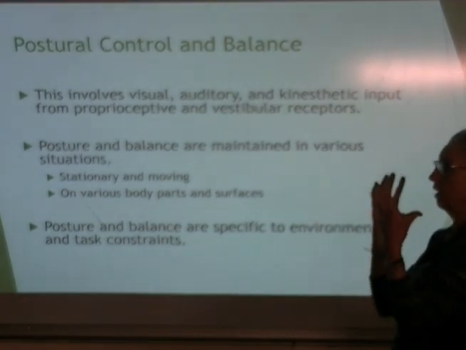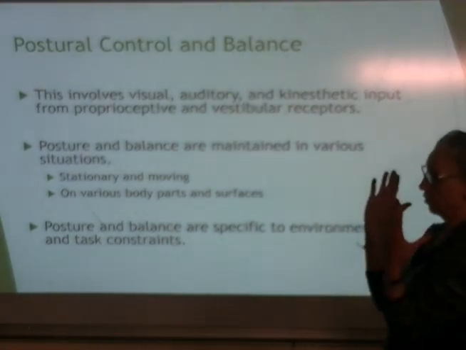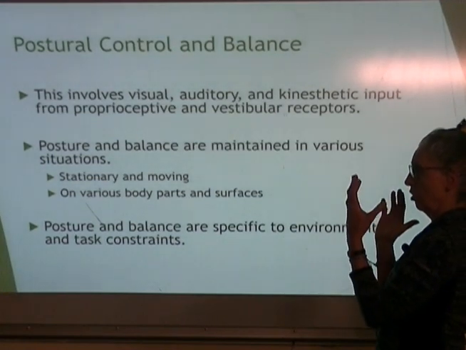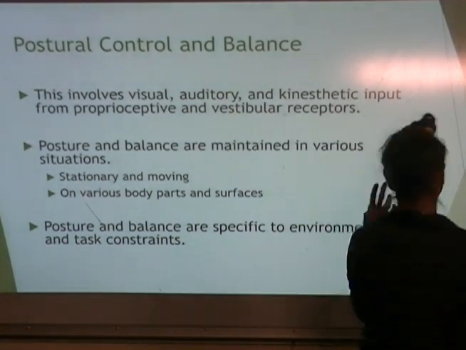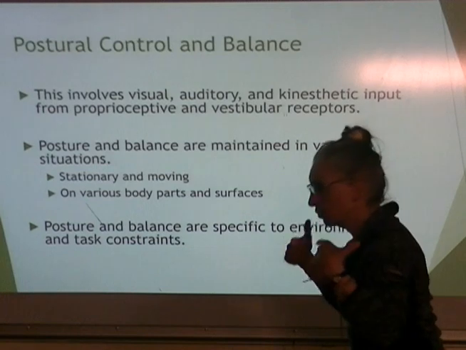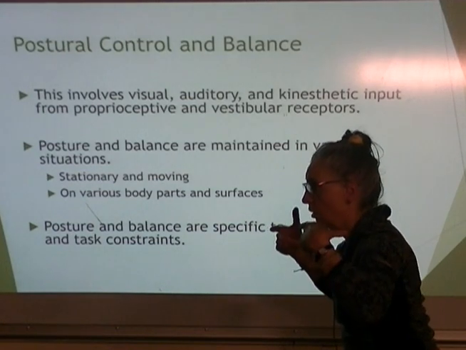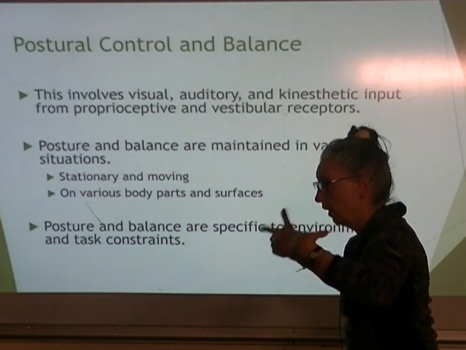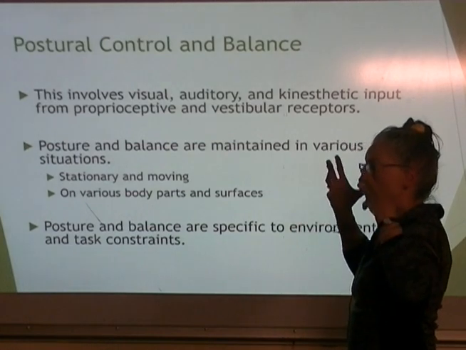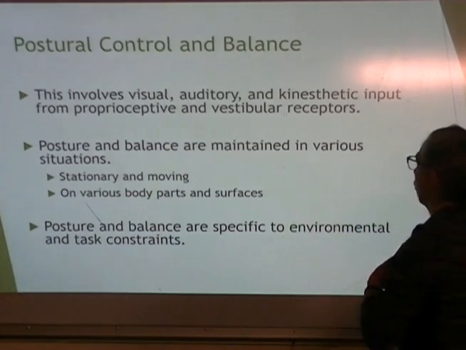So it can tell the brain if you're tilting, it can tell the brain if you're turning around that way. It can also tell the brain if you're rolling forwards or backwards, right? So very important for posture.